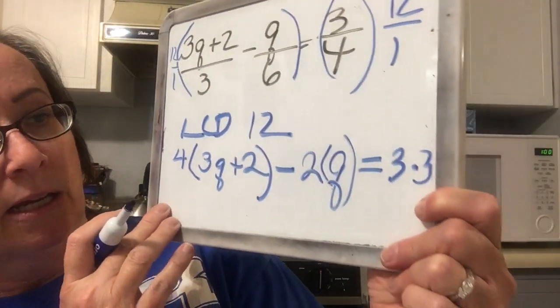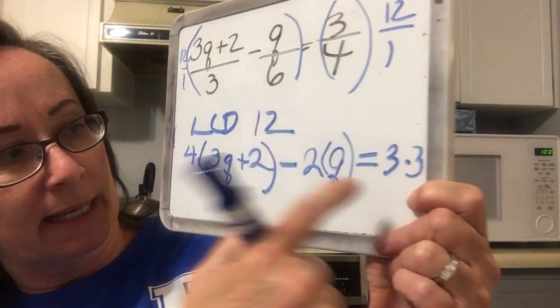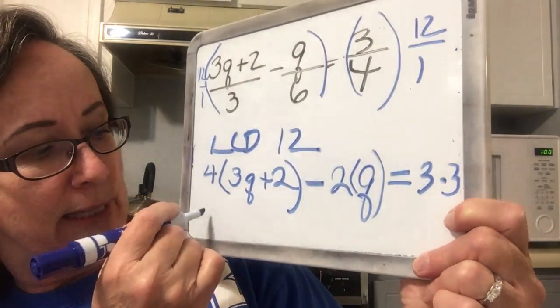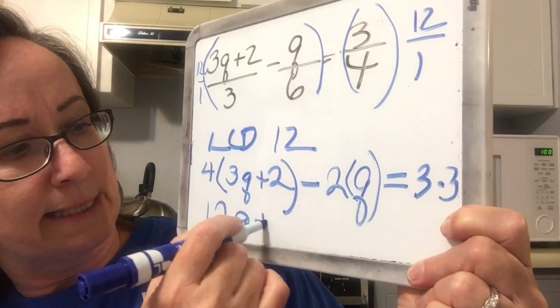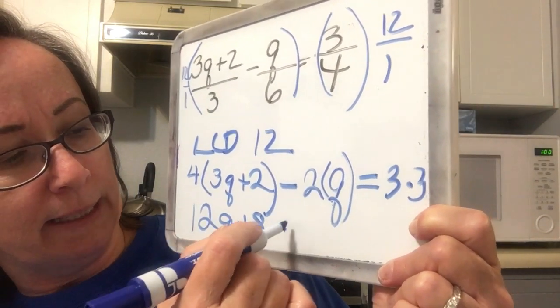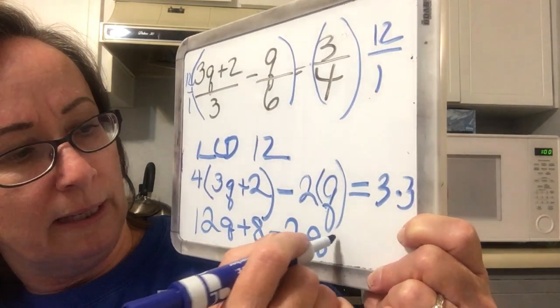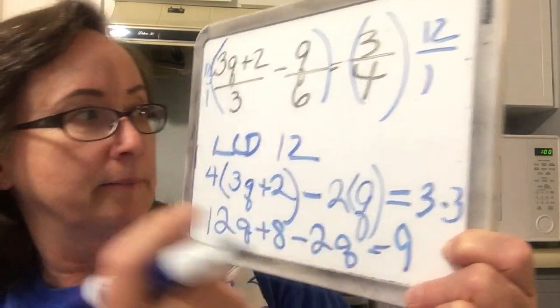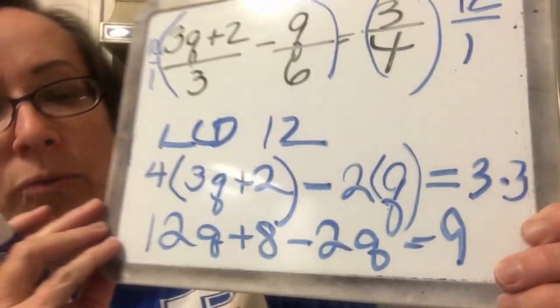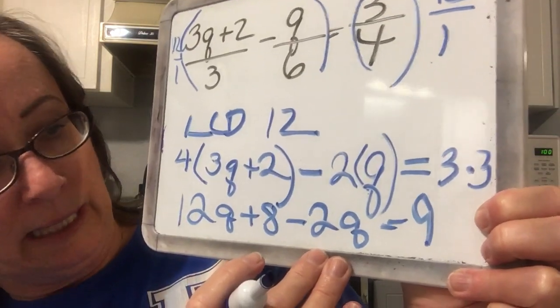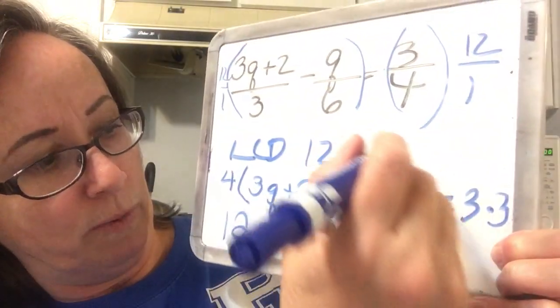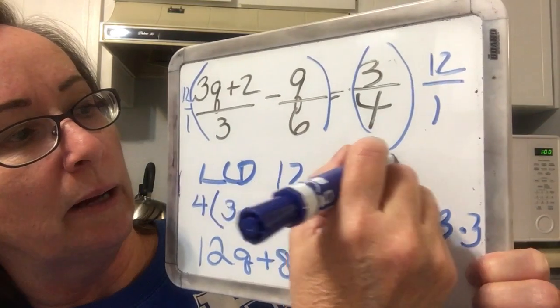So when I simplify this, I'm going to get 12q plus 8 minus 2q equals 9. I've got a 12q and a minus 2q, leaving me altogether with a 10q.